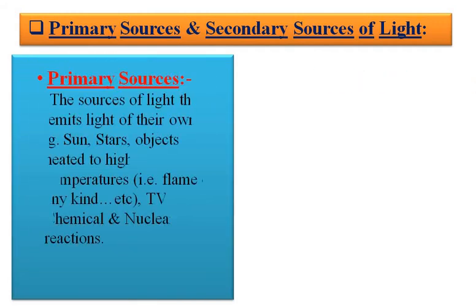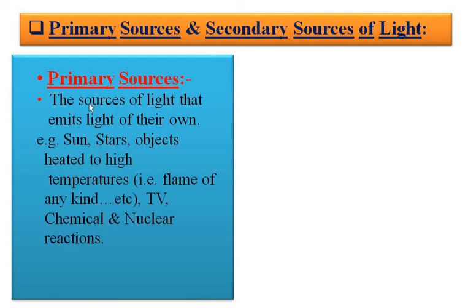The sources of light that emit light of their own are called primary sources. For example, sun, stars, objects heated to high temperature, that is flame of any kind, TV, chemical and nuclear reactions. These are examples of primary sources.